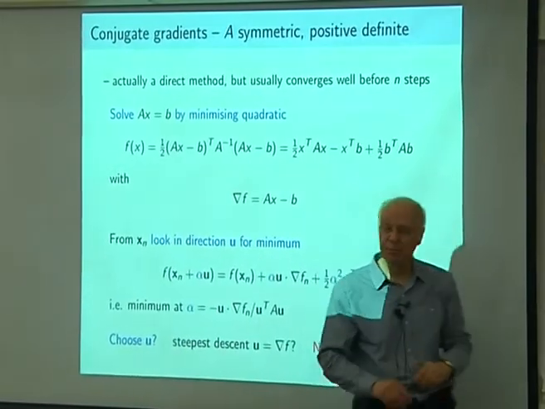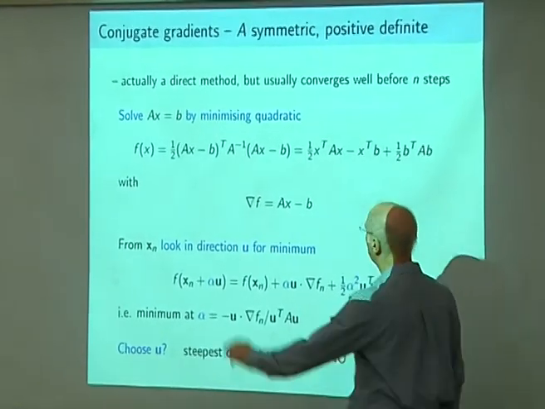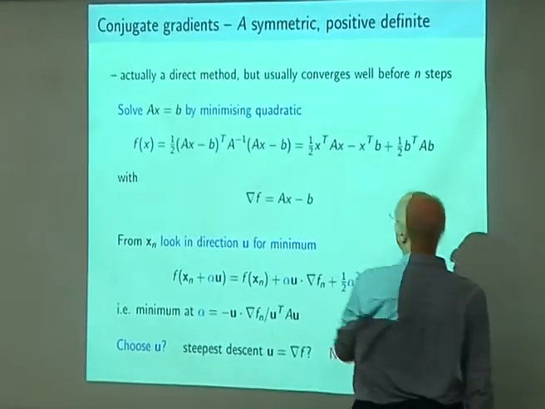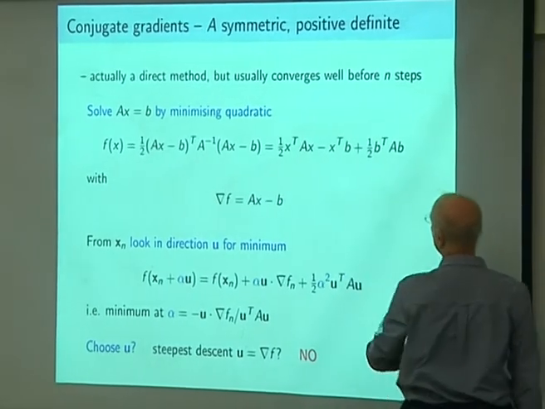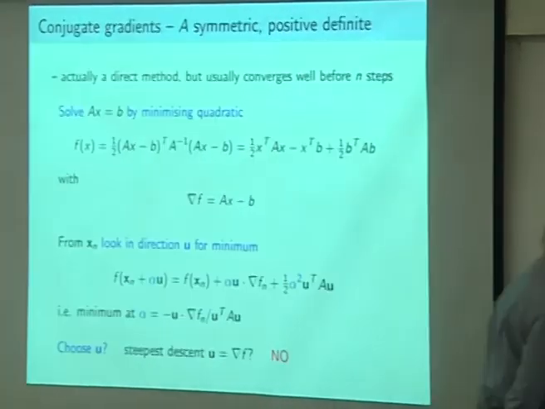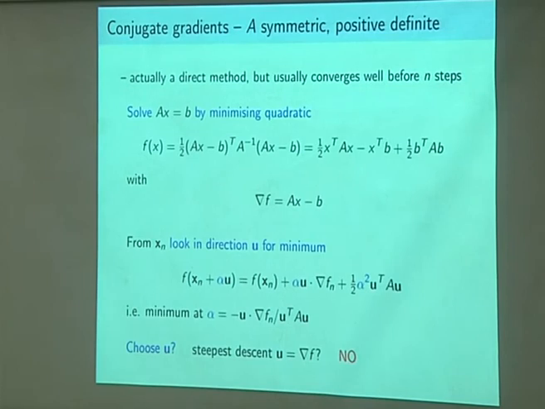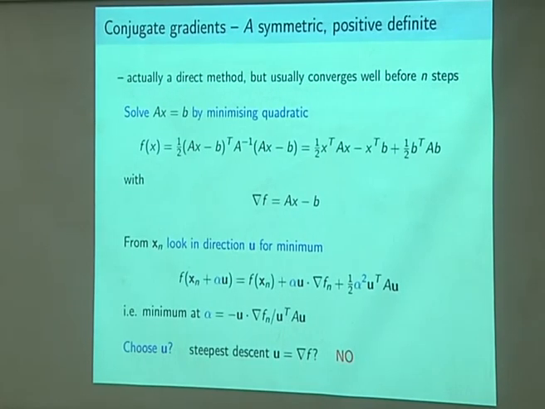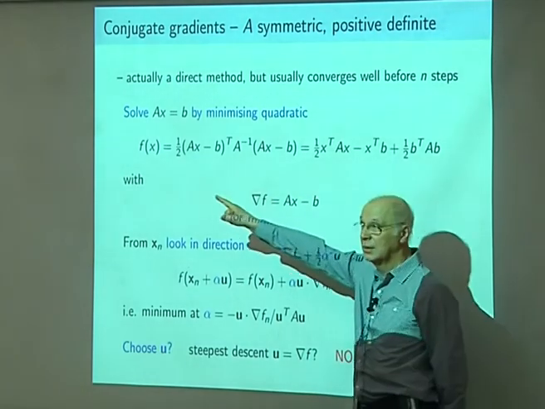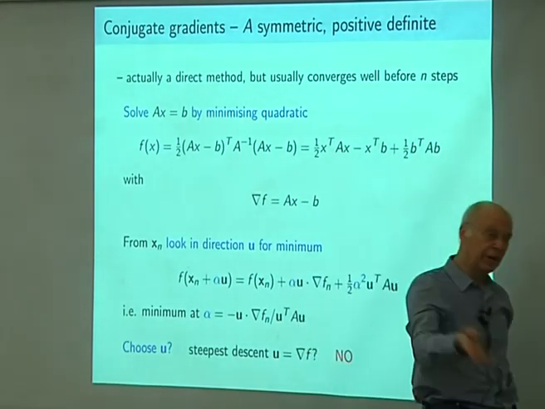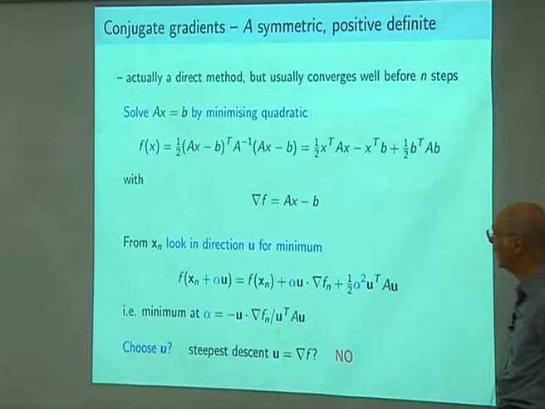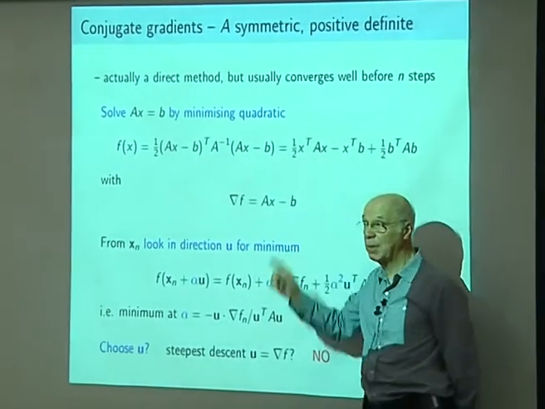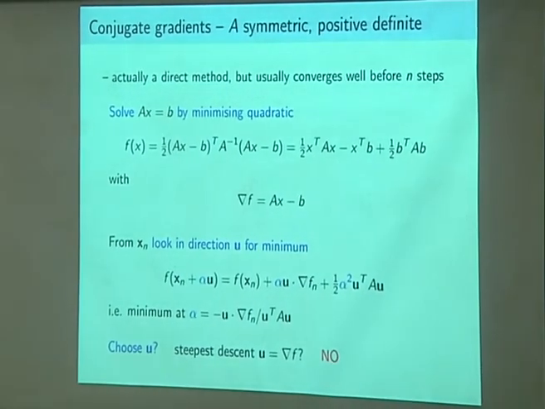We emphasize it by the size of A. And if we multiply that out, there's a quadratic term in X, there's a linear term in X, and then there's a constant term in our quadratic in X. We try to minimize that. We need to know what is the gradient of F, the direction that F decreases fastest, and that just happens to be Ax minus B, which is the residual in the calculation.